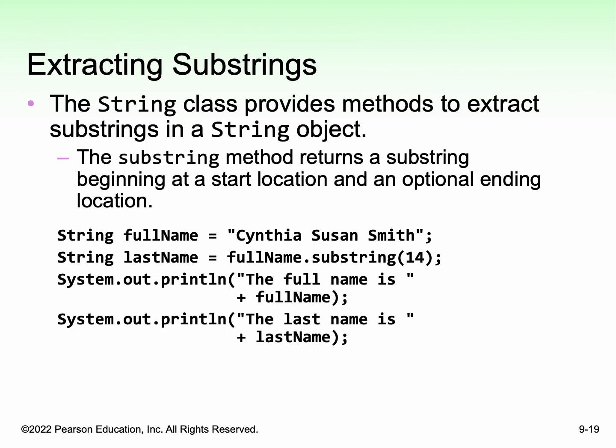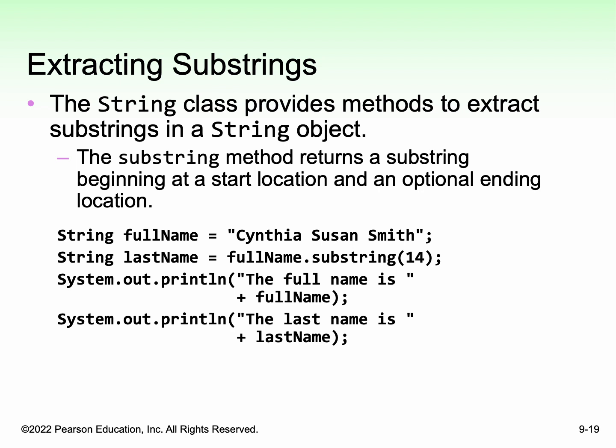Now another method that is available to you is called substring, and what it does is extract a substring from your string object. Two things to know about this method: a start location is required, however the end location is optional.